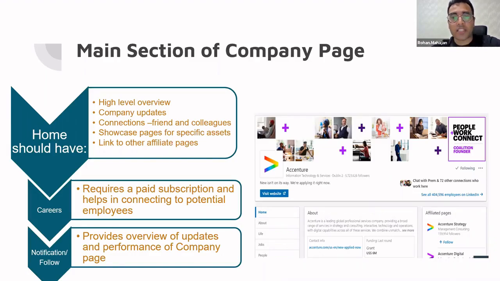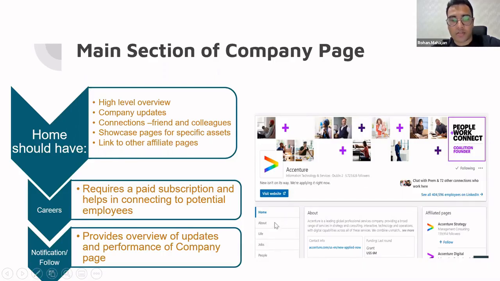Some of the sections that you see in the snapshot as well. You will see that there's a big banner here, which is the big logo, big banner about the company. They are trying to connect, they're trying to put in the people who connect. There's a logo of the company itself. A bit about Accenture, which is an IT services company, where they are based. It's headquartered in Dublin, and how many followers are there.